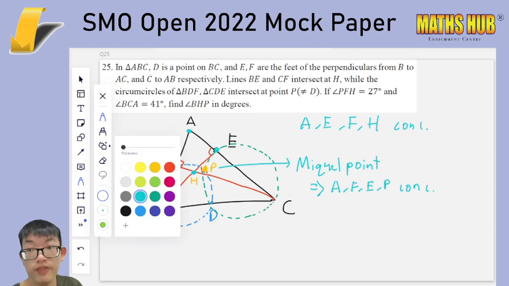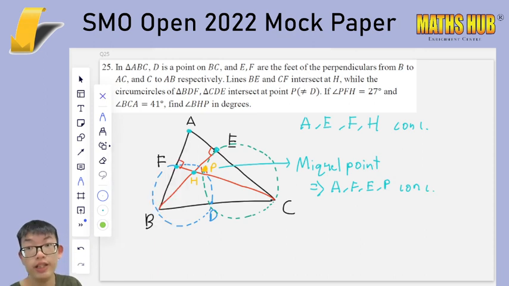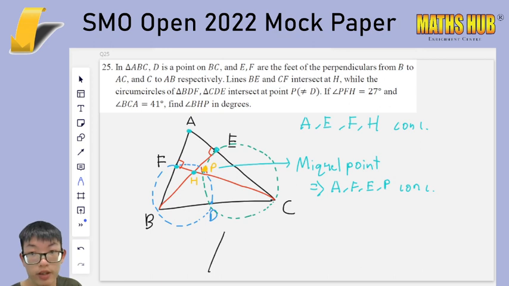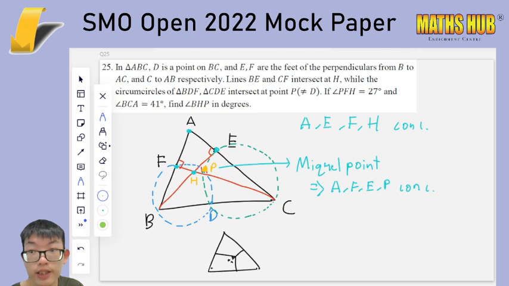The reason can be explained using just any other triangle really. So I'll just draw a triangle below and say something like this. Let's say that if this is concyclic and this is concyclic, it means that these opposite angles sum to 180 degrees.